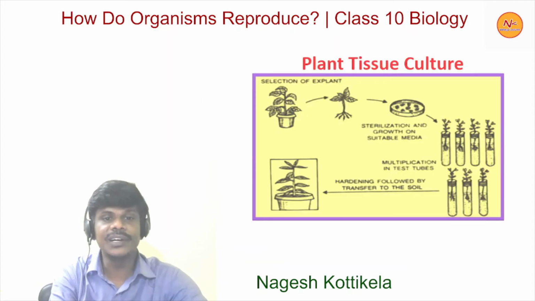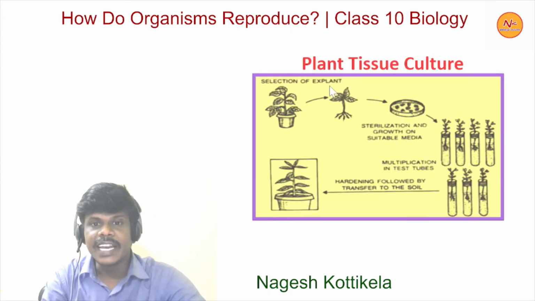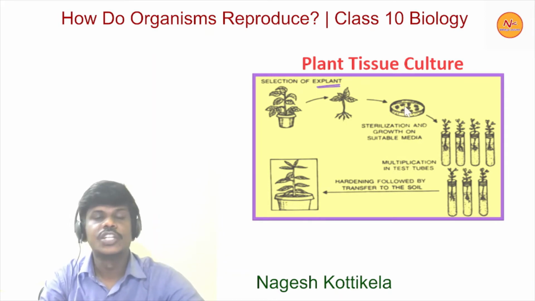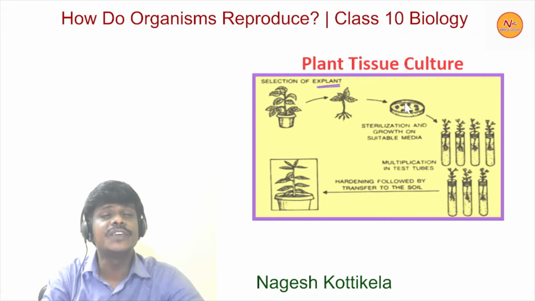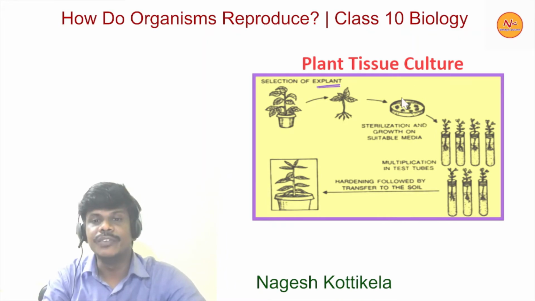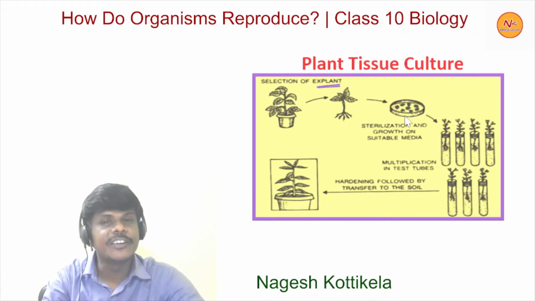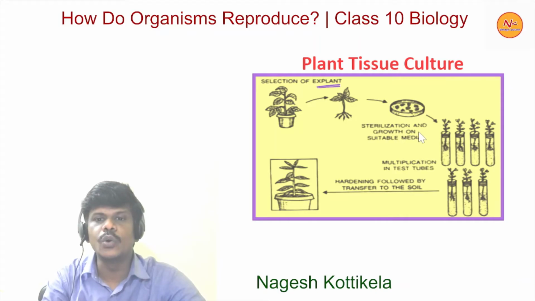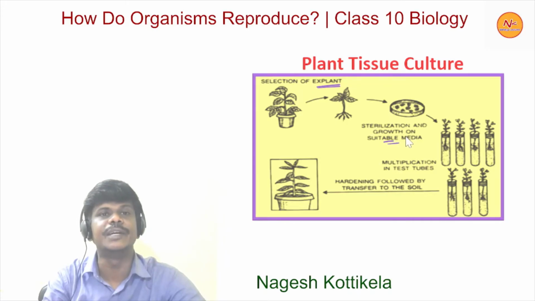If you look here in this picture, see, an explant is taken from this plant, and here the explant is kept in an artificial medium which is placed inside a petri dish or a test tube. You can see here, sterilization and growth on suitable medium.